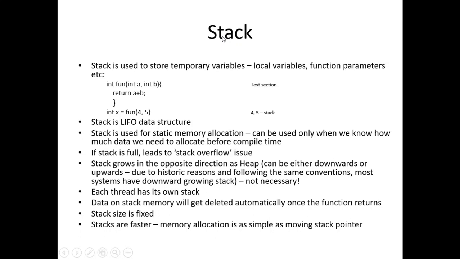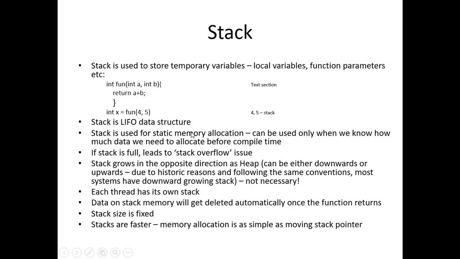When we talk about the stack, it is a last in first out kind of data structure. Assuming this is the stack, whatever item comes first will be the one which goes out last. In other words, whatever comes last will be the first to go out. We make use of the stack when we know the size up front, so the stack is usually used for static memory allocation.